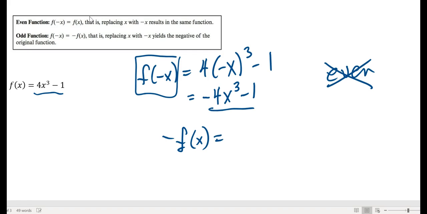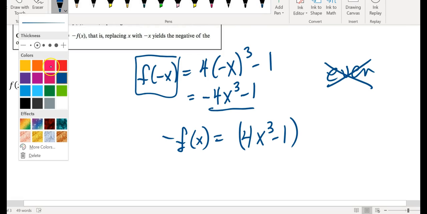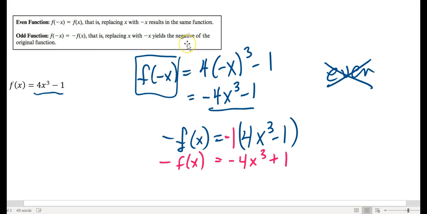So we take our function that we started with, and we multiply it times a negative 1. And this would now become negative 4x cubed plus 1. So we can see now that negative f of x is equal to negative 4x cubed plus 1.